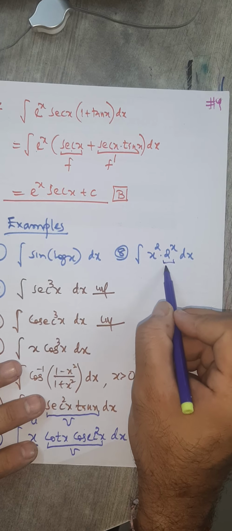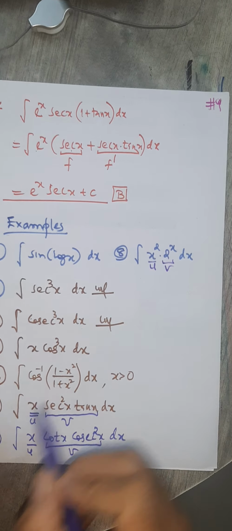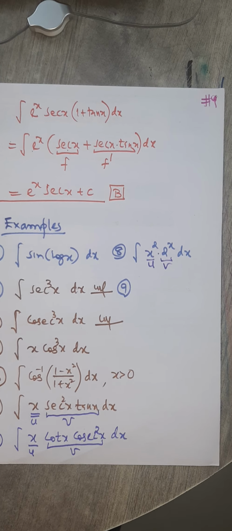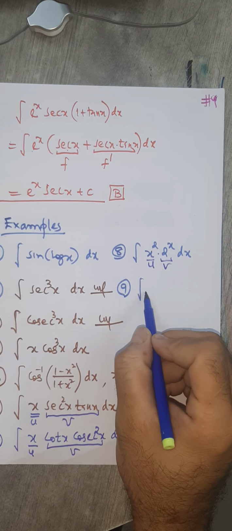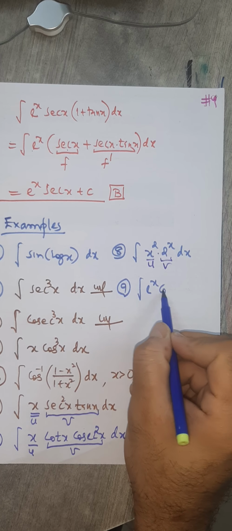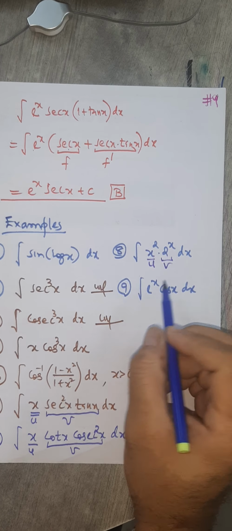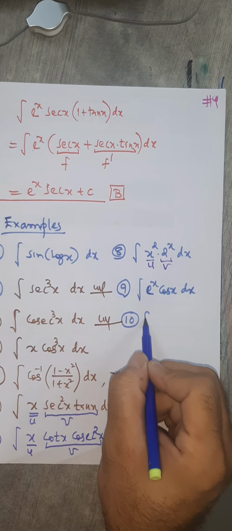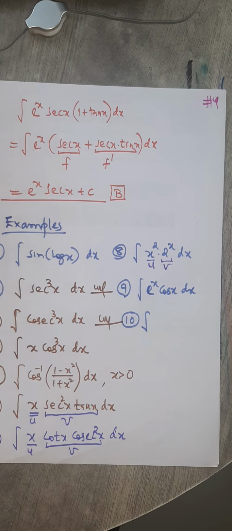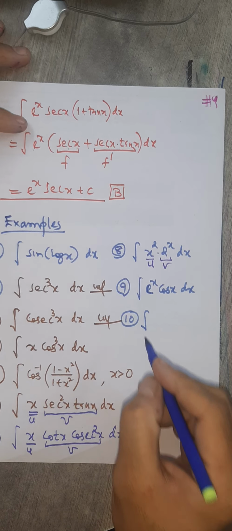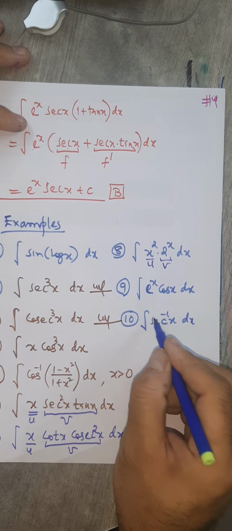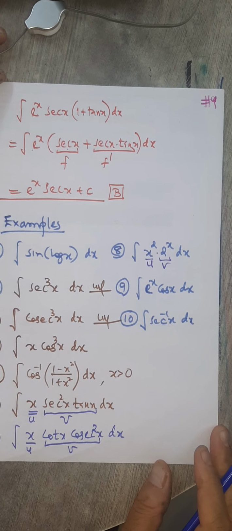This is always v and this is u, remember. Okay. Try these also. E raised to x into cos x dx. This you can do, not a big task. Okay, and one more here, 10th question. That's integral of sec inverse x. You can write into one and you can do by parts.